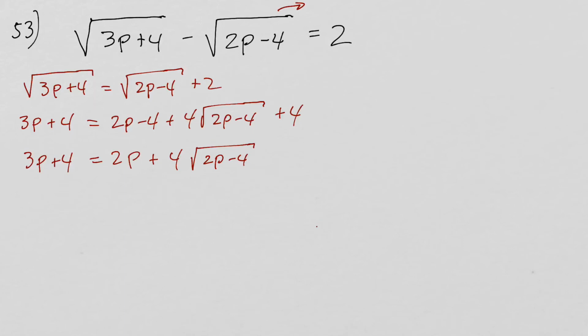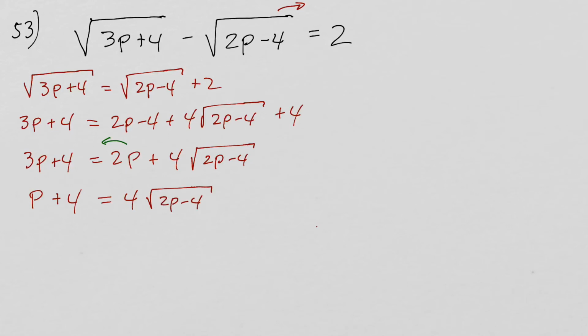And now I'm going to repeat this process to get rid of the final radical. So I'm going to start by moving the 2p to the left by subtracting it, because I want to isolate my radical. 3p minus 2p is p. I'll move, actually that's it, there's nothing else to move. So I have this plus 4 is equal to 4 root 2p minus 4.